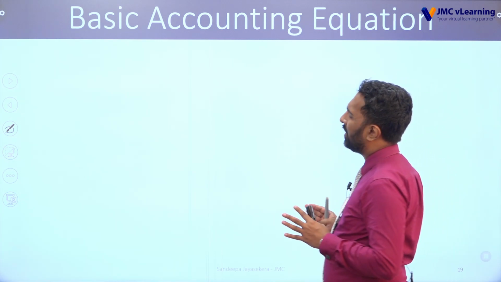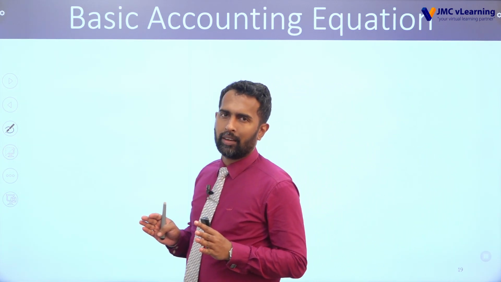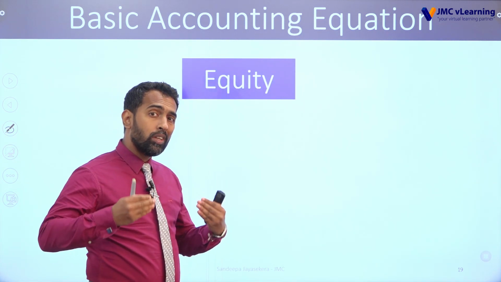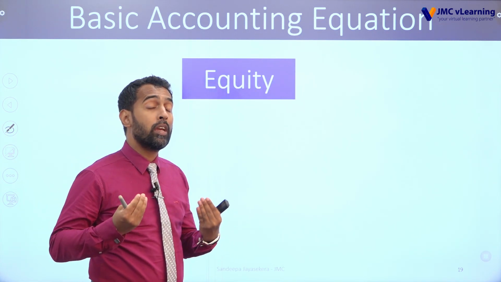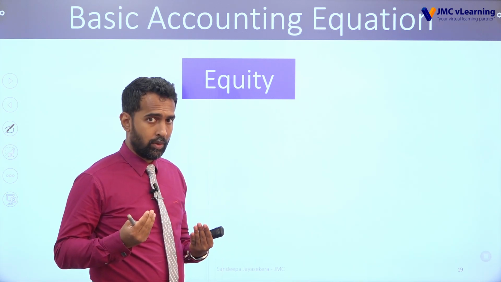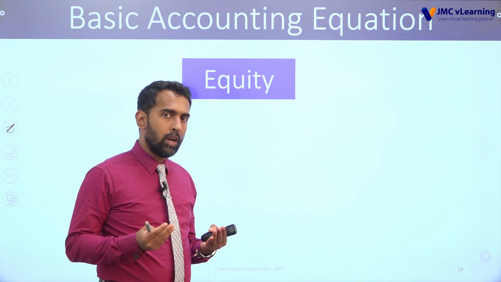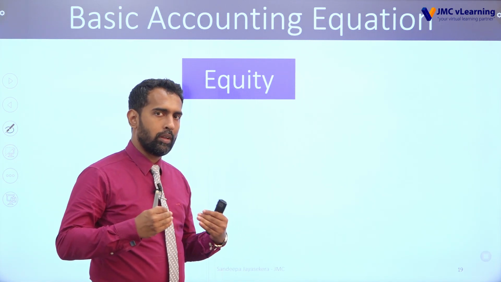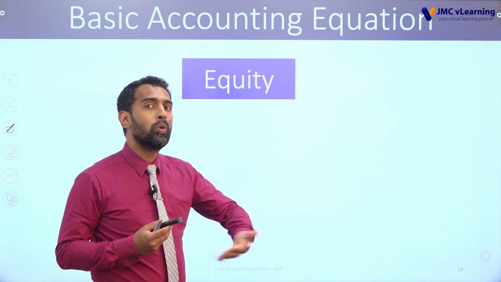Now this basic accounting equation, right? It starts with the equity. You know, the equity is the owner's entitlement, the internal obligation towards the owner. When we start a business, the owner is initially pumping in the money, so that creates an equity, the business's commitment towards the owner.